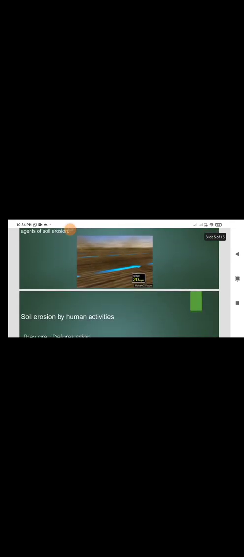So in today's class you learned the meaning of soil erosion and what the causes of soil erosion are. A few causes are human activities like overgrazing, deforestation, ploughing near the hilly areas, and also rain, running water and winds are causes of soil erosion.